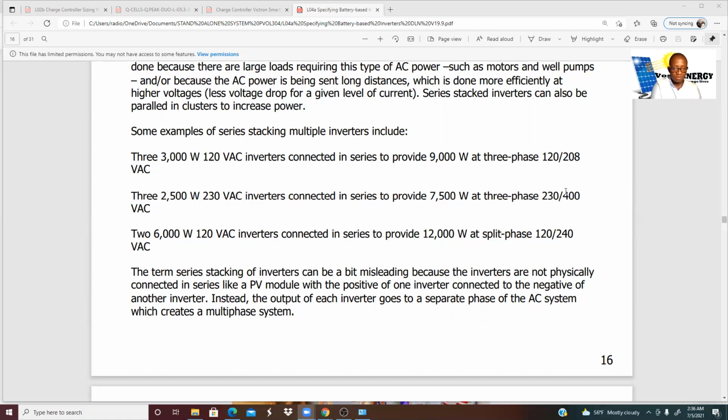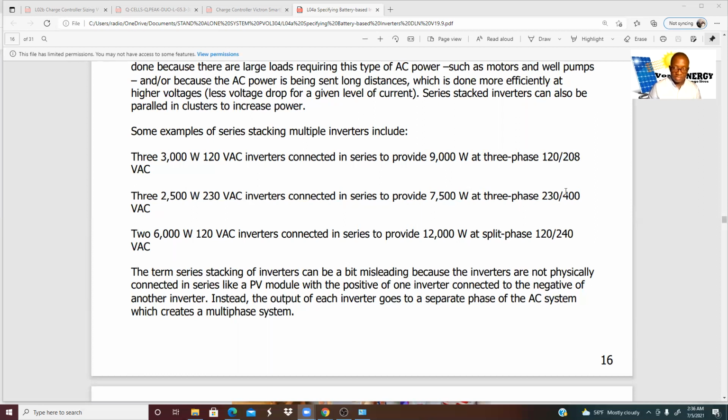I can stack the inverters in series to increase my voltage, so that when I am distributing my current, I will not lose current or power because of the long stretch of distribution.